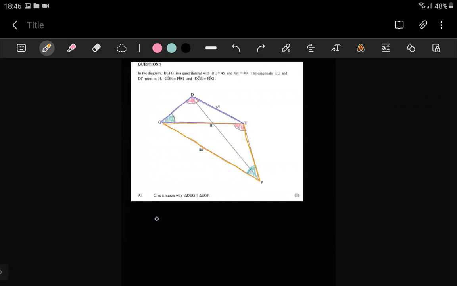All we can say is angle EGF is equal to DEG. The reason is sum of interior angles of a triangle.